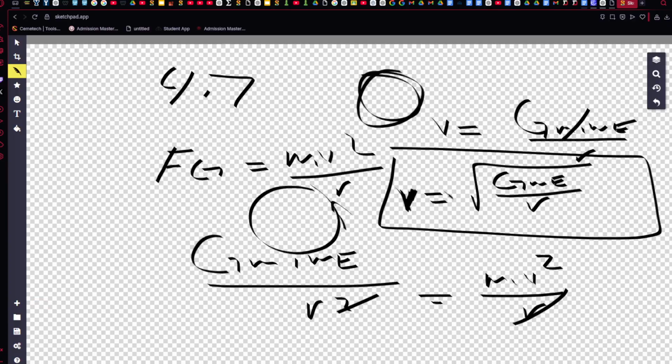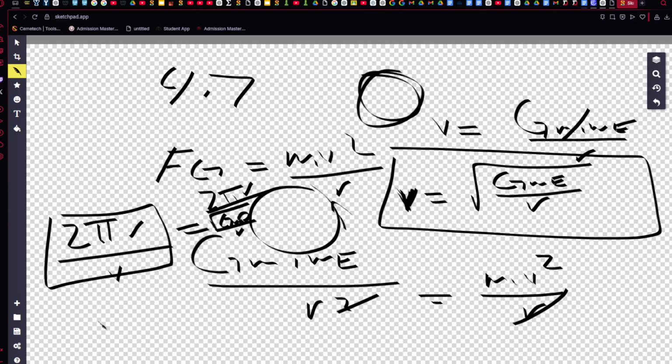So just regular velocity. Remember that the formula to calculate the entire circumference is 2 pi r. So 2 pi r over v is equal to 2 pi r divided by the square root of GME over r. There's probably a bunch of ways to solve this, but essentially 2 pi r over v is the period.